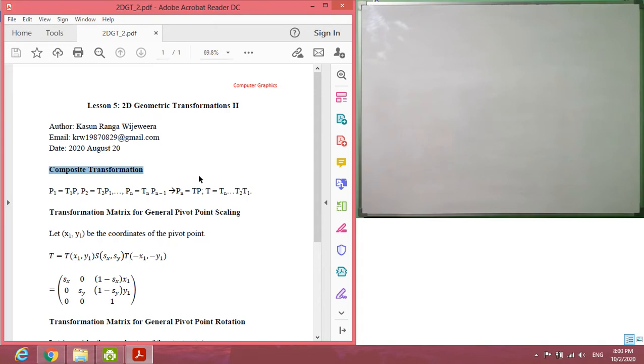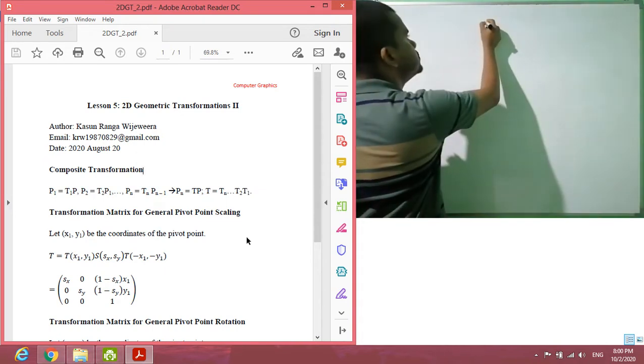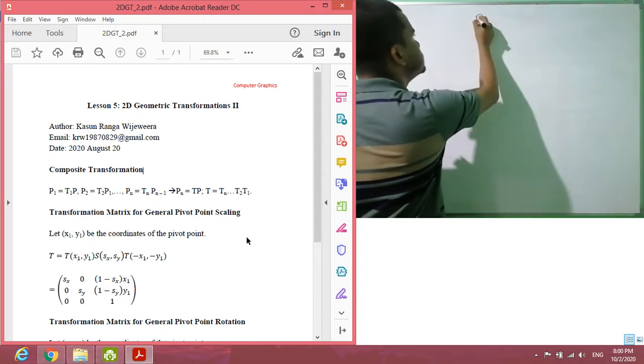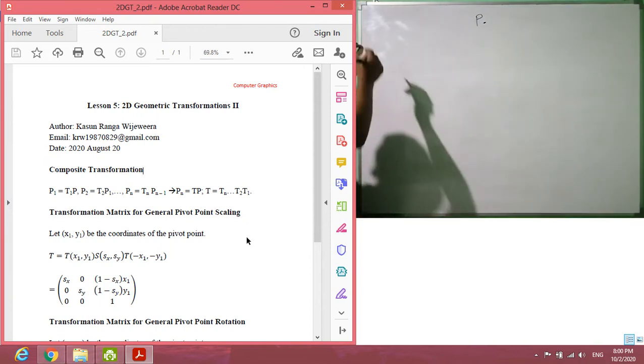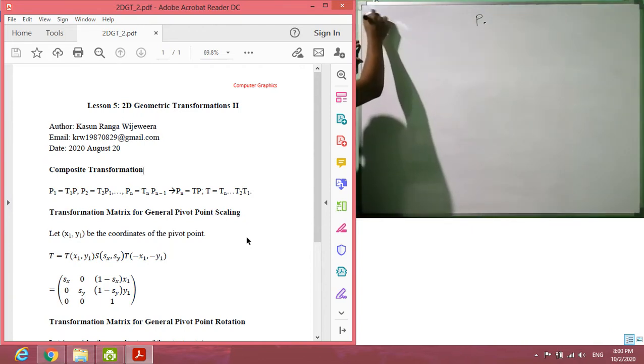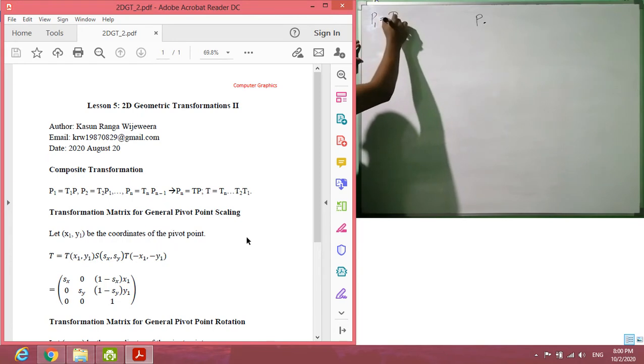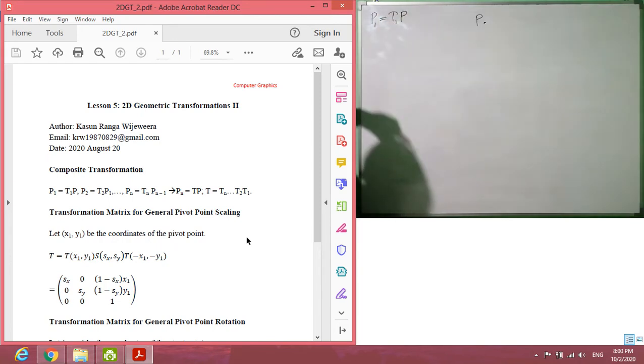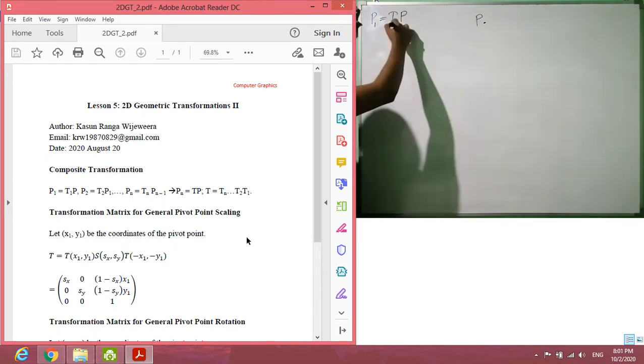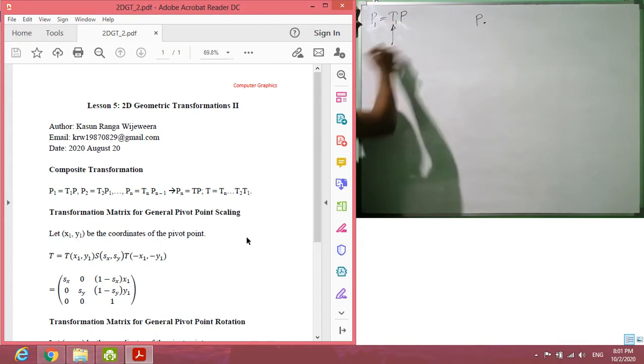Now we have a point P. Then to P we apply T1, a transformation matrix.